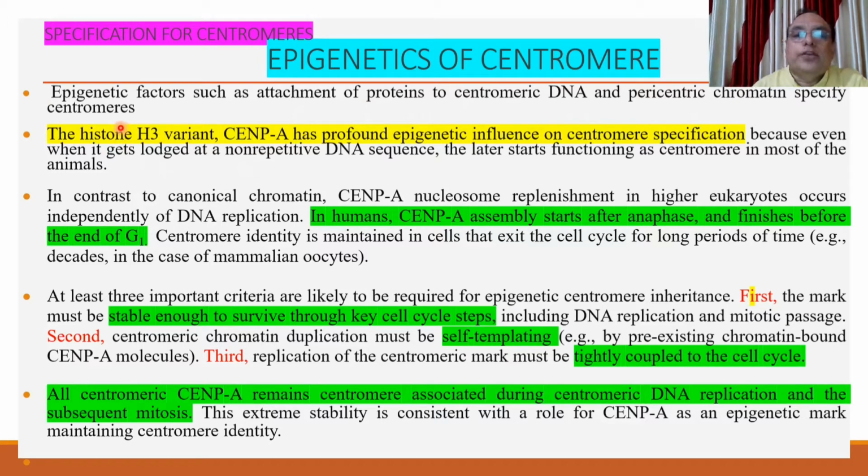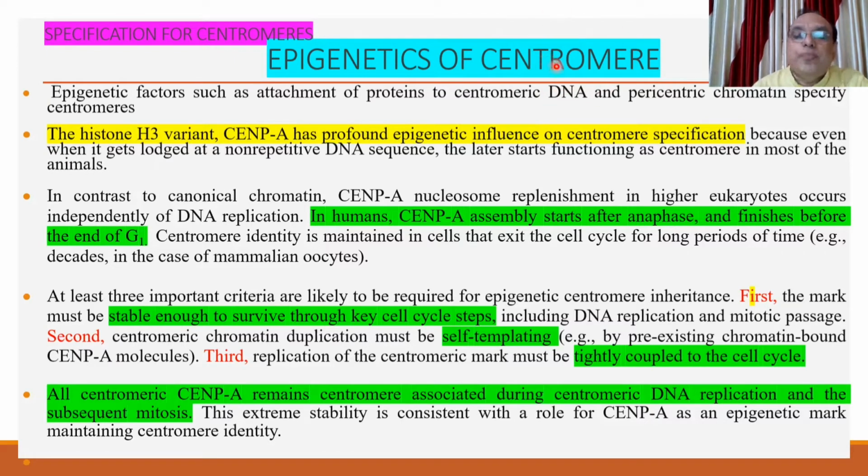So centromere is specified by attachment of proteins to the centromeric region as well as the pericentromeric region. Not only attachment of proteins, but also modification of histone molecules as well as attachment of some groups to the DNA too.